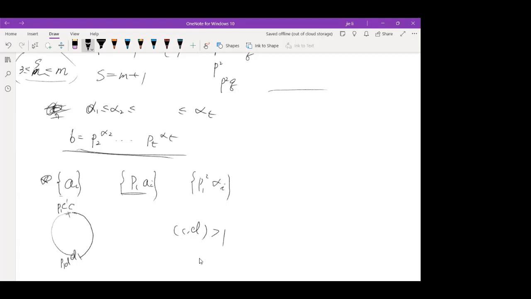So it's kind of symmetric. And then for the P1 squared part, you could just add the adjacent one.